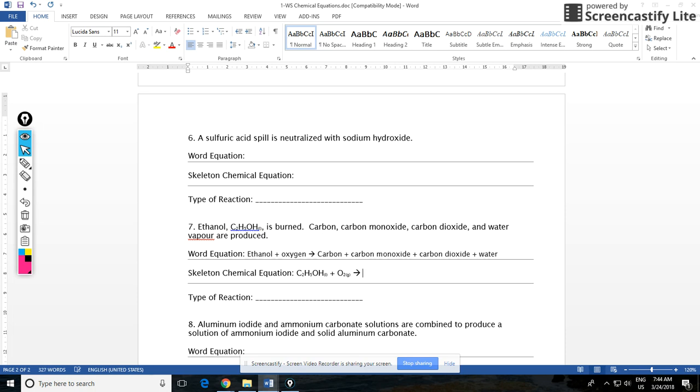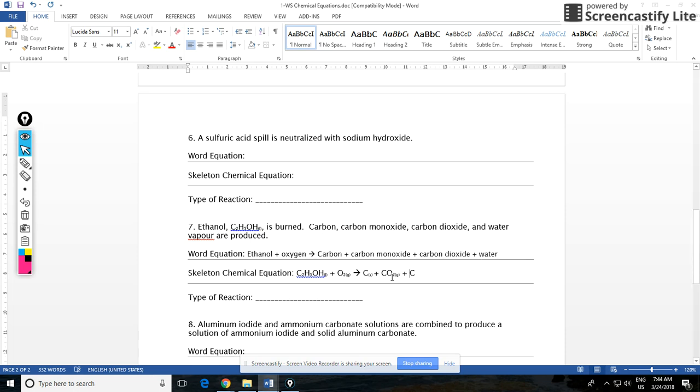So C plus CO2. I'm using my rules for the covalent compounds, and again, that's in its gas form. And then plus, that was CO I should have put there, sorry.